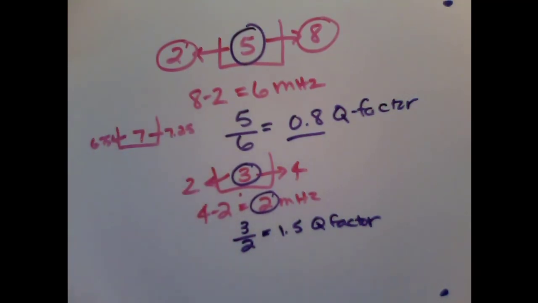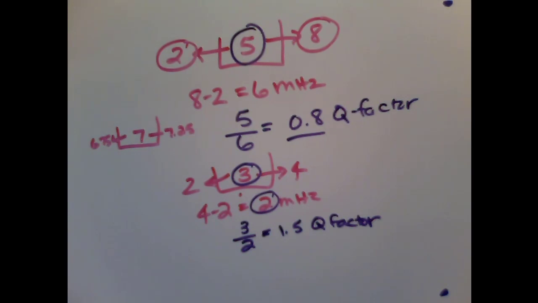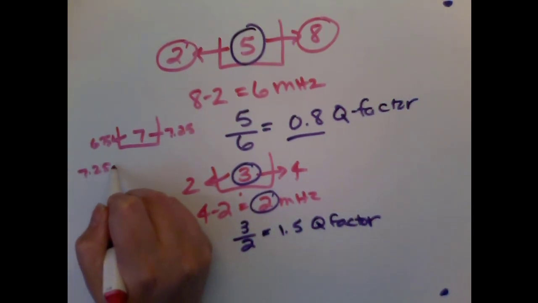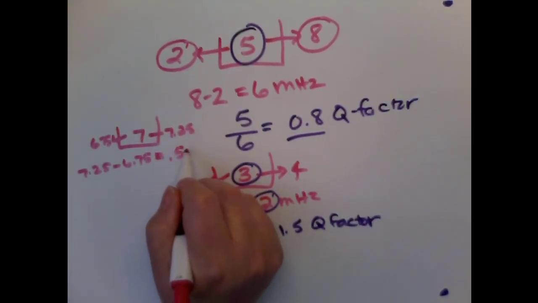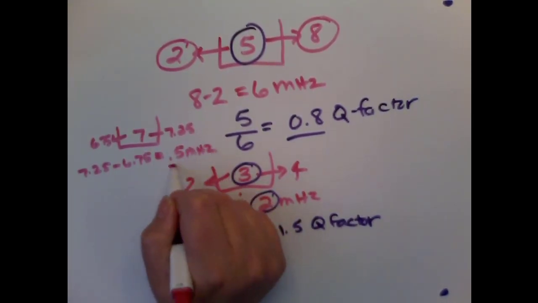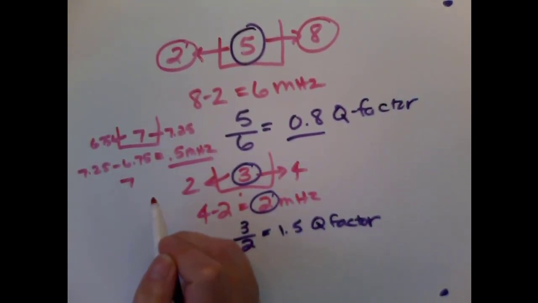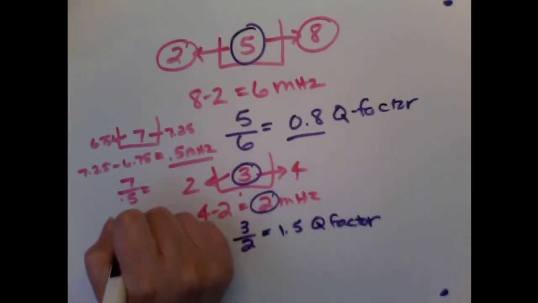Maybe it doesn't have much of a range. It usually is going to operate at that very pure frequency. So 7.25 minus 6.75 equals 0.5 megahertz of bandwidth. That's very, very low, right? And then we're going to divide 7 by 0.5 to get our Q factor, which equals 14.